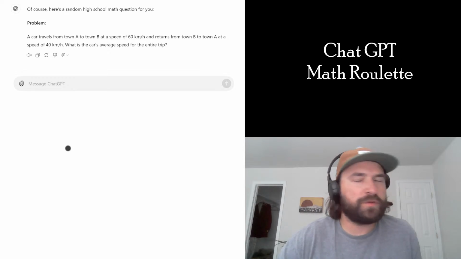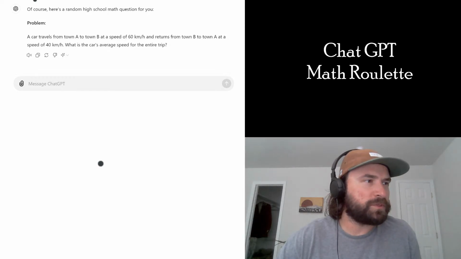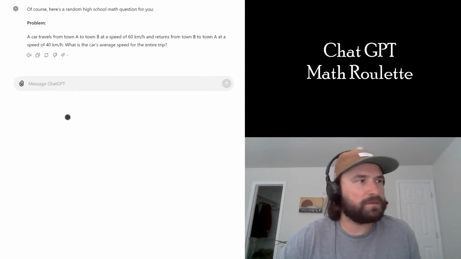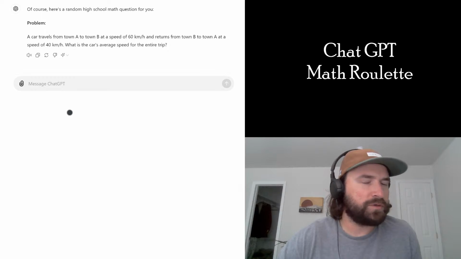All right, let's run through this word problem here. So a car travels from town A to town B at a speed of 60 kilometers per hour and returns from town B to town A at a speed of 40 kilometers per hour. What is the car's average speed for the entire trip? Let's, for the sake of the problem, say that this person went 60 kilometers to and from where they were going.